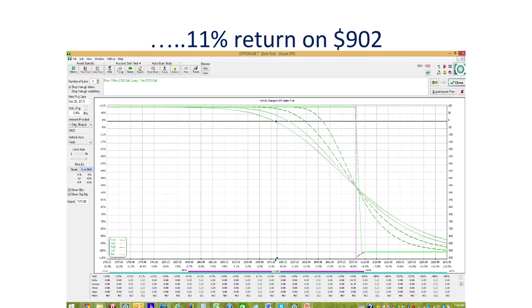So that would yield you an 11% return, because that $98 eats up $902 of capital. That's because you're eating up $1,000 of margin, but you're getting in $98 in cash, so the net is $902. So that would provide you with an 11% return.